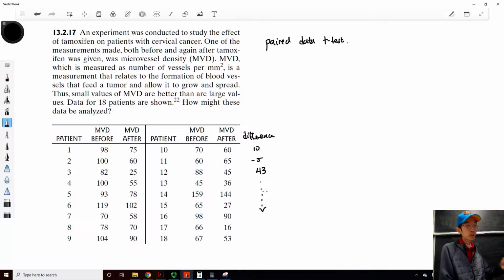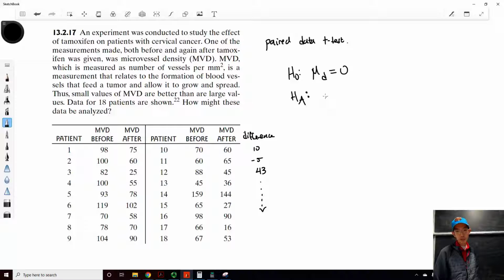And then once you find the before versus after column, your null hypothesis is that the mean difference is 0, and the alternative is, we're hoping that the mean difference is greater than 0. That is to say that before minus after is greater than 0.